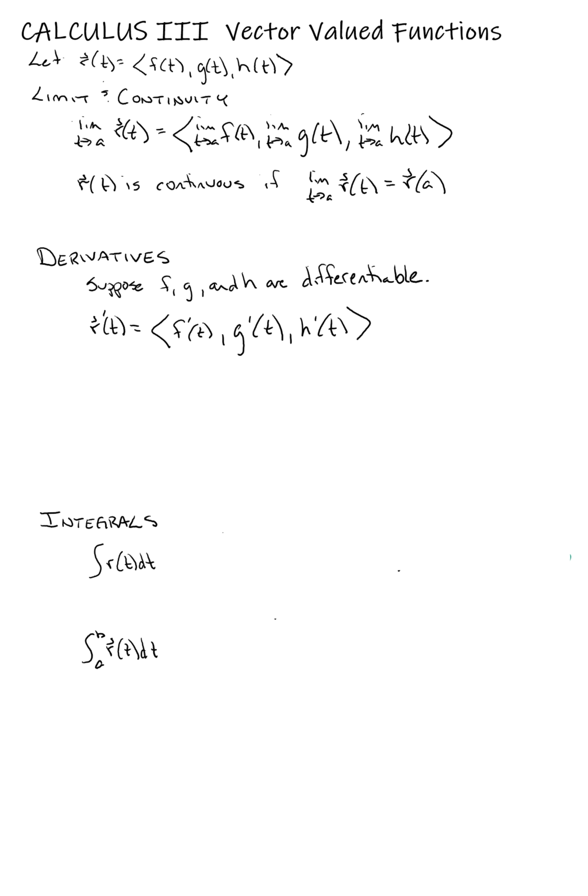Again, pretty straightforward as long as everything is differentiable. And please note that this only works as long as that derivative is not equal to the zero vector. Zero vectors get a little tricky. There are some unknowns there. But otherwise, there you go.